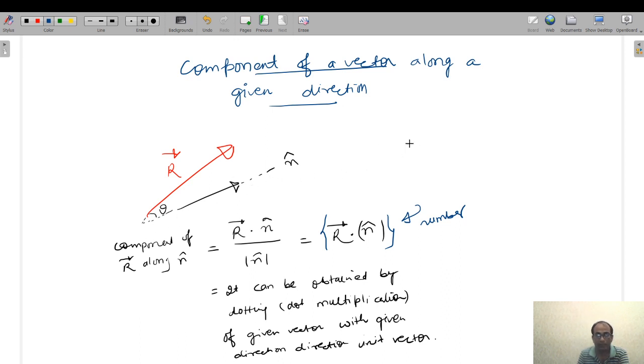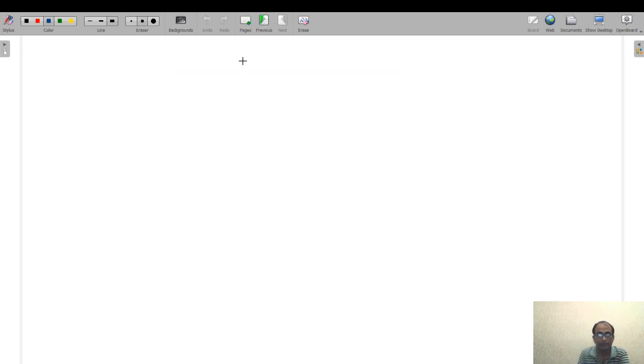So component, so let me write here on the next page. So component vector of r vector along given direction would be given by what? R vector.